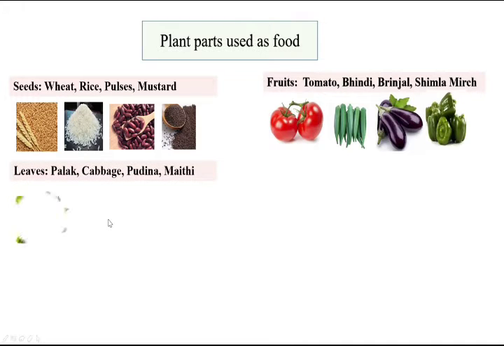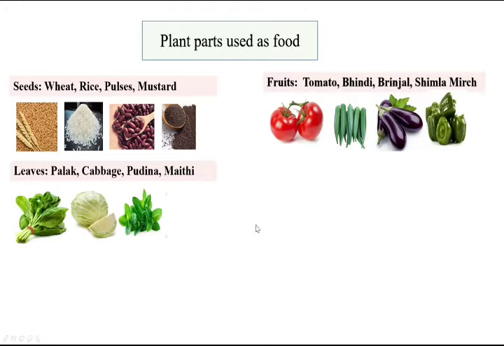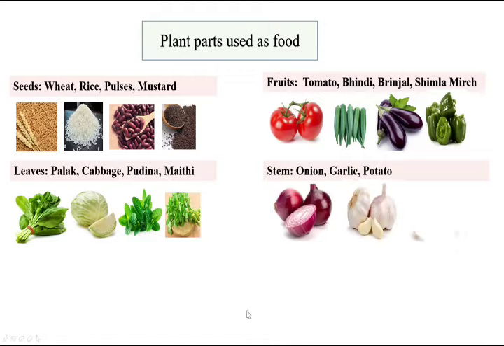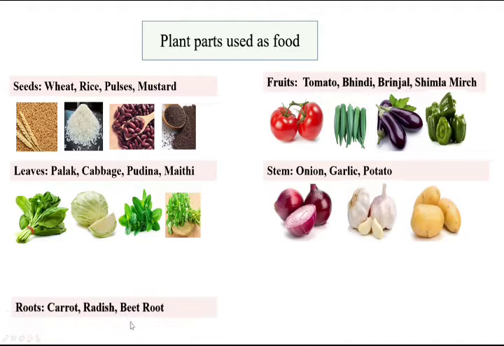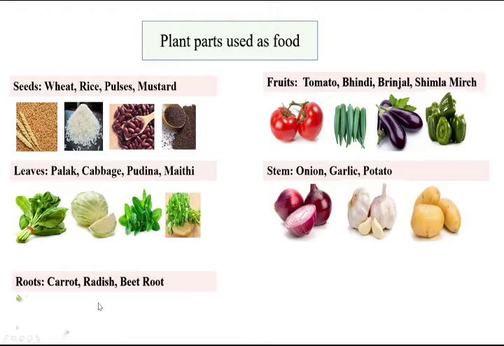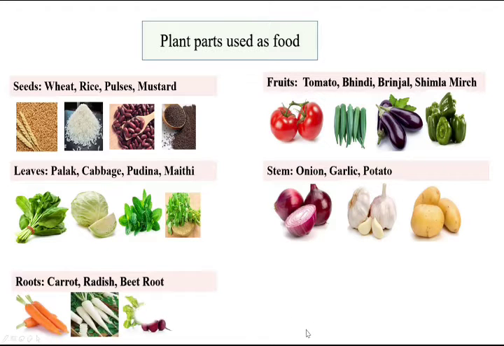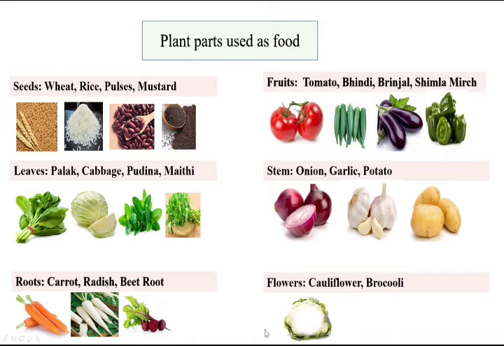The leaves of palak, cabbage, pudina and methi are edible. The stem of onion, garlic and potato are edible. The roots of carrot, radish, beetroot, etc. are edible. The flowers of cauliflower and broccoli are also edible.